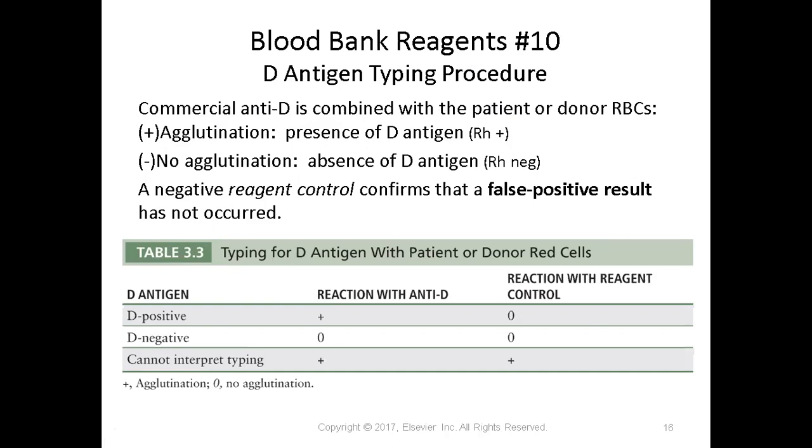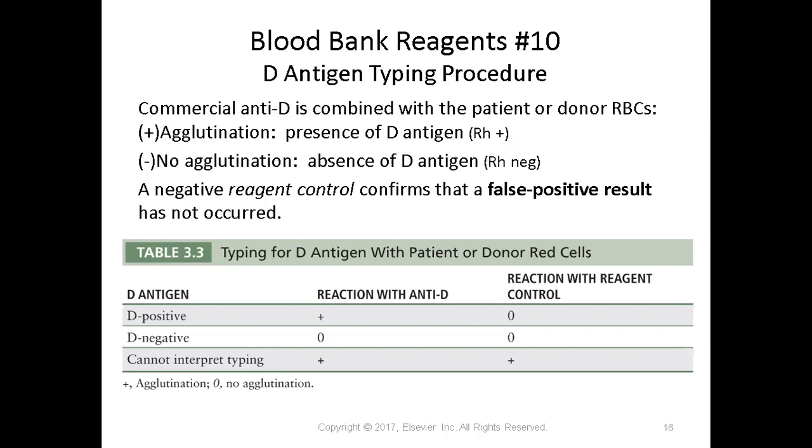If I see agglutination, I'm going to grade it 1+, 2+, 3+. If there is agglutination, as I said on the last slide, it means that individual is RH positive. They have the big D antigen on their red cells. If there is no agglutination, we suspect they do not have the D antigen and they are most likely RH negative.